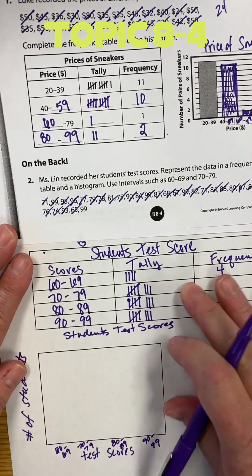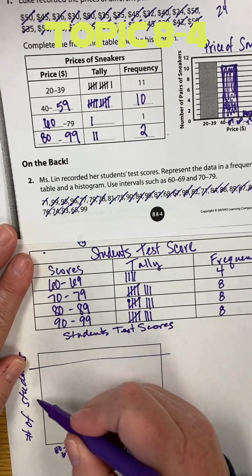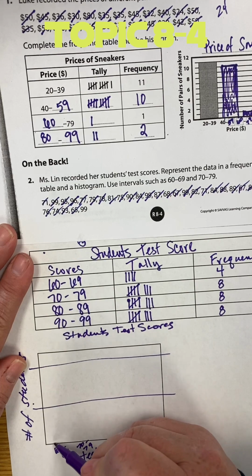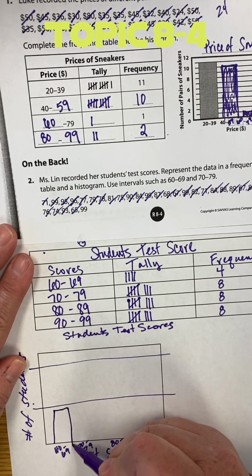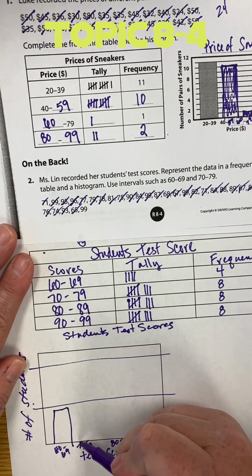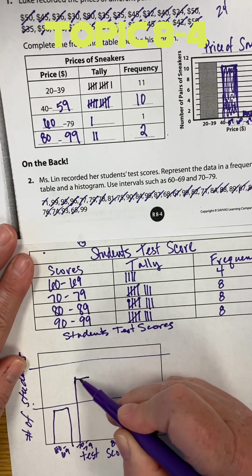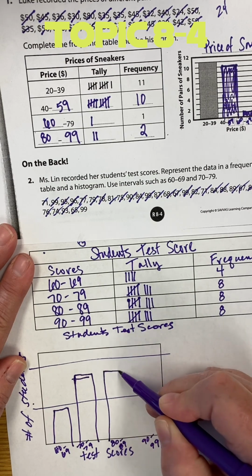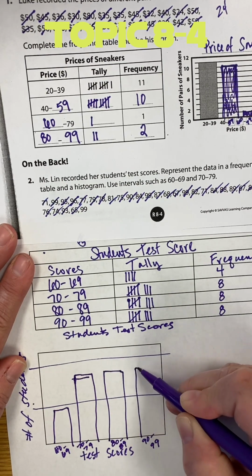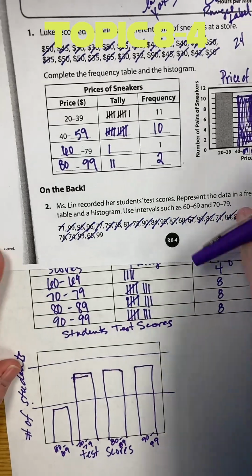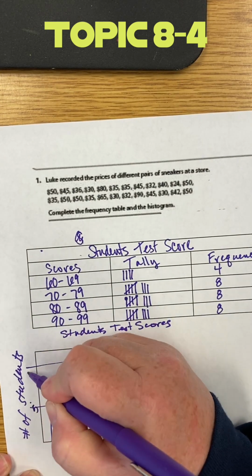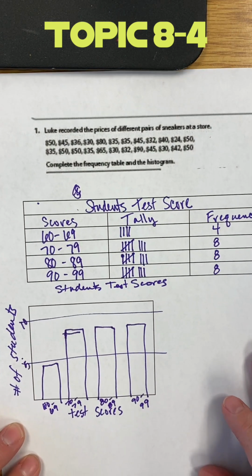And it looks like I'm just going to say that's 10, 5. I'm just going to kind of estimate it. I can draw in the lines, but I'm flying here, so that's about 8, 8, and 8. Okay, so I would need to put my hash marks in over on that side, but then I would have a complete histogram.